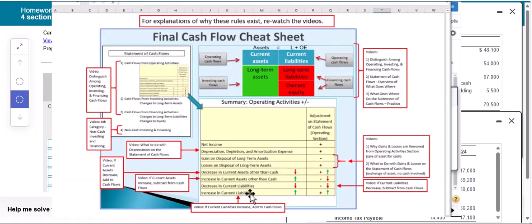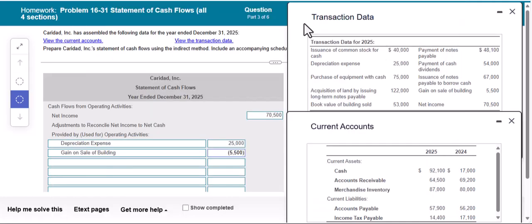Then we're going to analyze the changes in current assets. When we look over here, we have cash. Cash is a current asset, but that goes at the very bottom of the statement of cash flows, which we can't get to yet. So we'll skip that and go to AR. It looks like with our AR, it went from 69,200 to 64,500.